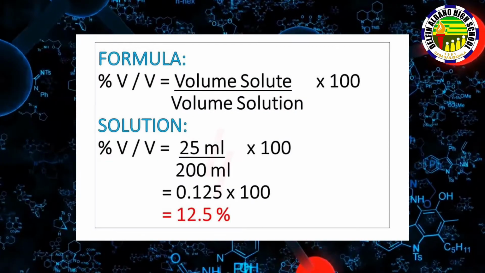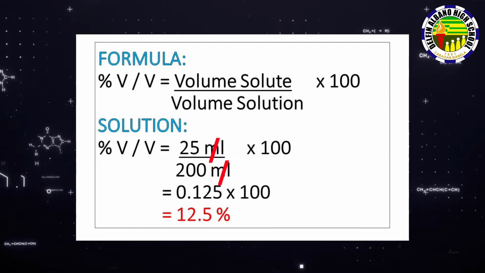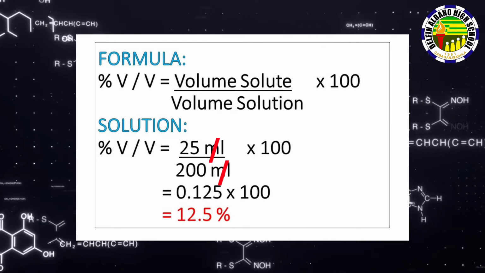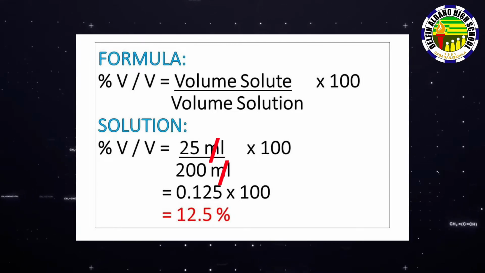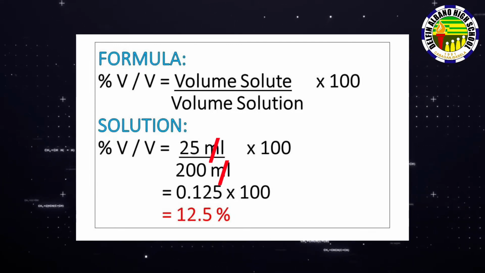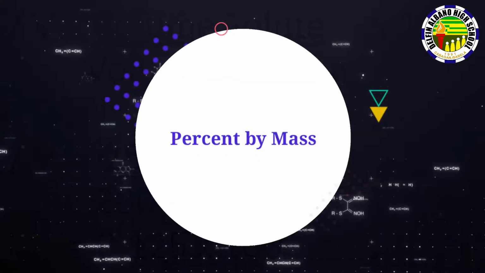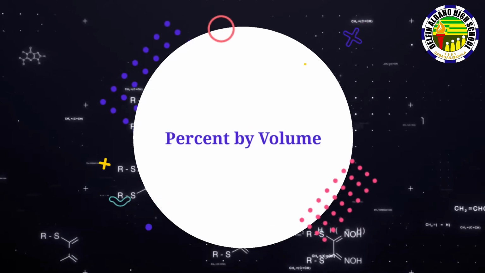Then we are going to substitute the given: 25 ml, the volume of solute, divided by 200 ml, the volume of solution, times 100. And we get 0.125 times 100, which is 12.5%. So those are the examples of percent by mass and percent by volume.